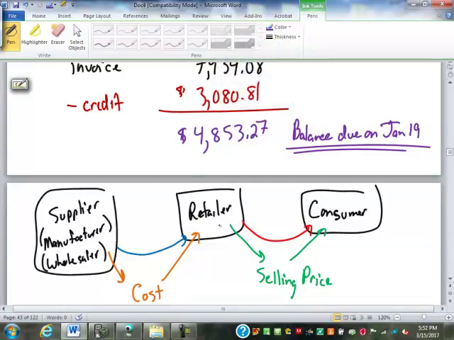Well, somewhere in the middle there, that retailer has to cover other expenses, overhead, such as the rent of their building, electricity, utilities, other things, and then make a profit. And that is all part of what we're going to refer to as the markup. That is what the retailer adds to the price to cover those overhead expenses and their profit.